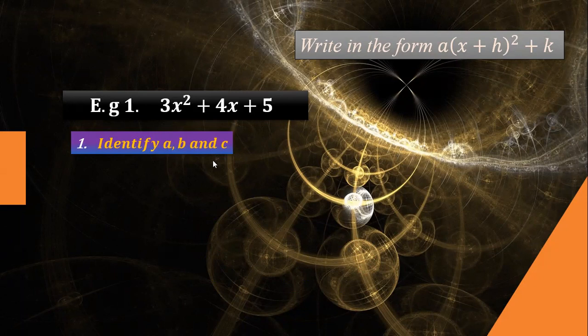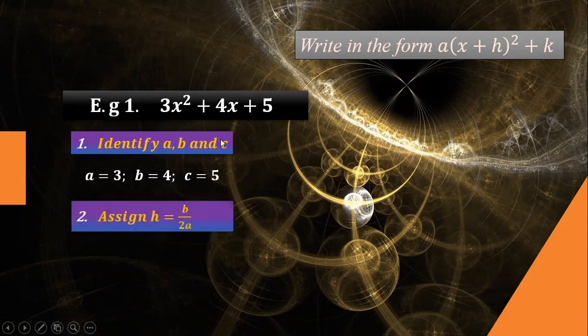How do you all feel about that? Comment below. Which means a is equal to 3, b is equal to 4, and c is equal to 5. That's step 1.